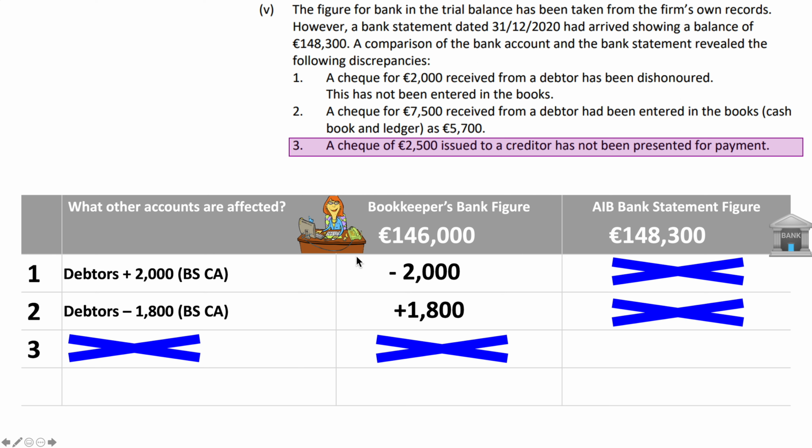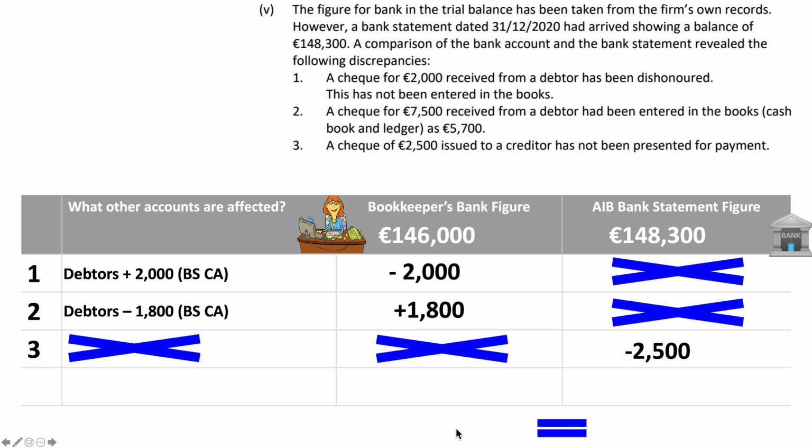When the bank realises that a cheque has been issued to a creditor, this bank figure will reduce by 2,500. Now, hopefully, these two figures will equal when we tot them up, and they do. So that is a positive 145,800. And again, if these don't equal, you have gone wrong somewhere.